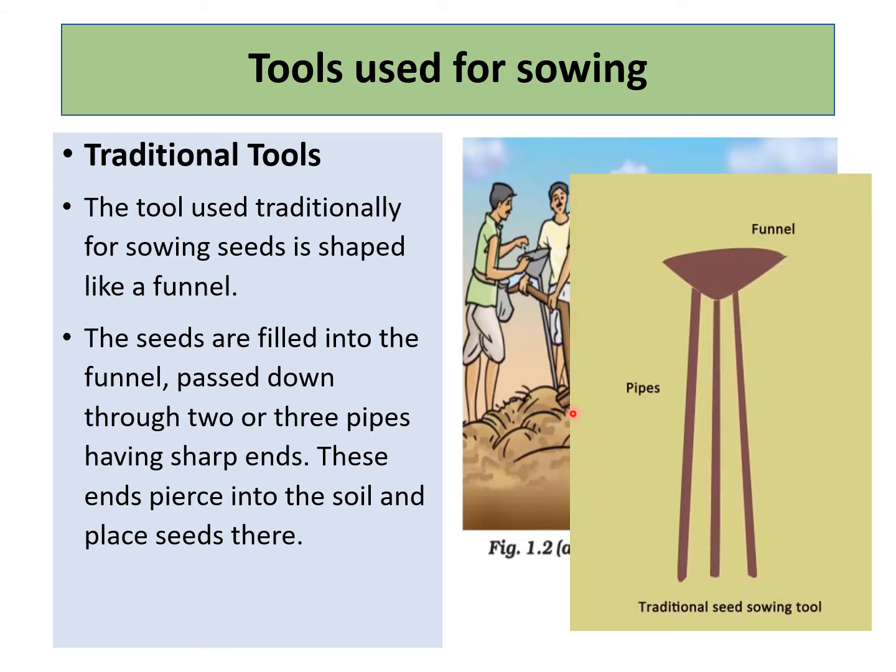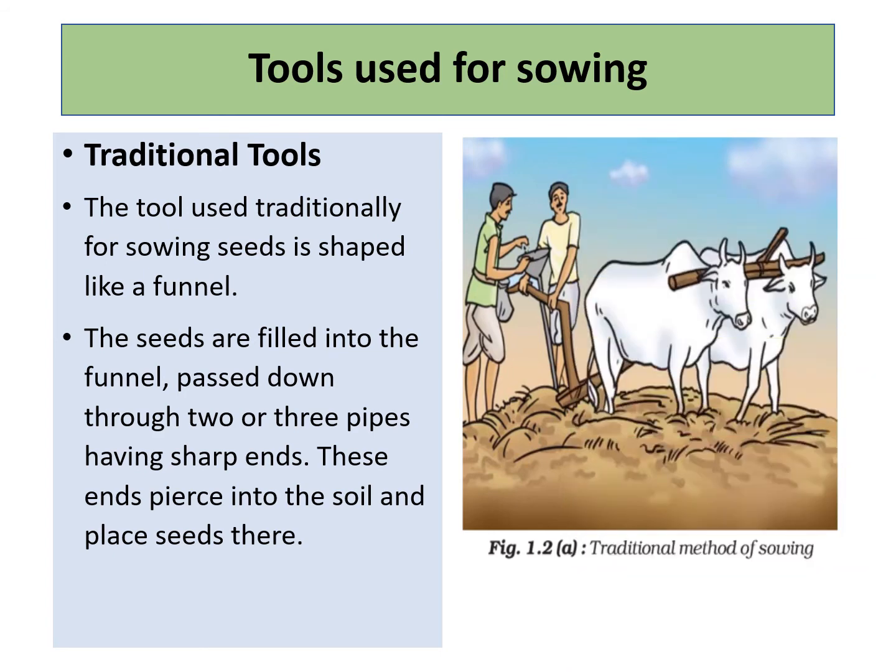You can see the structure of the funnel. These are the pipes attached to the funnel, and they have very sharp edges. So farmers put seeds inside the funnel, these pipes carry the seeds, and through these edges seeds are inserted deep into the soil. So this is the traditional way of sowing the seeds.